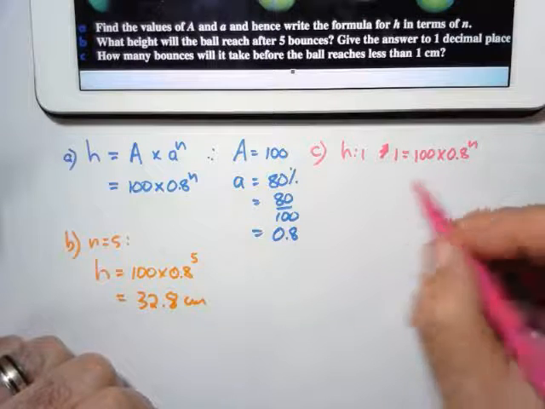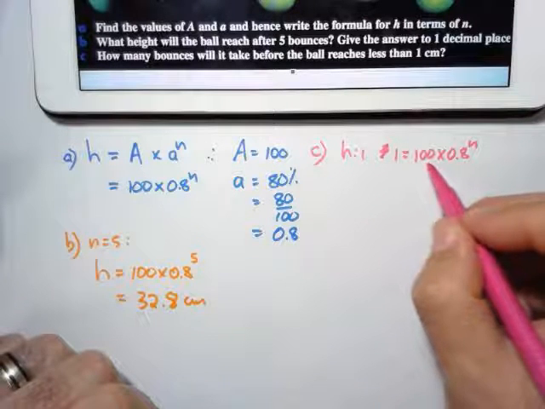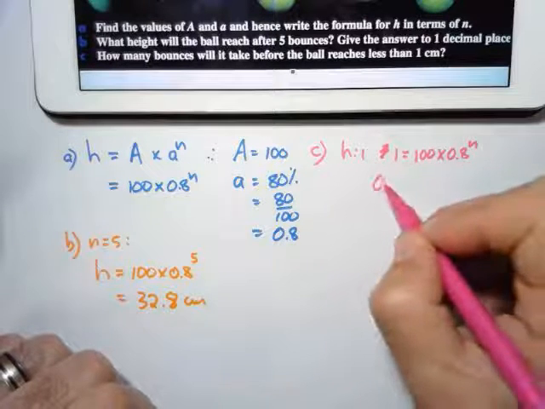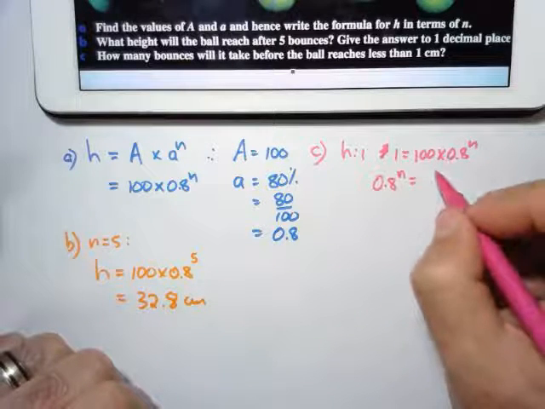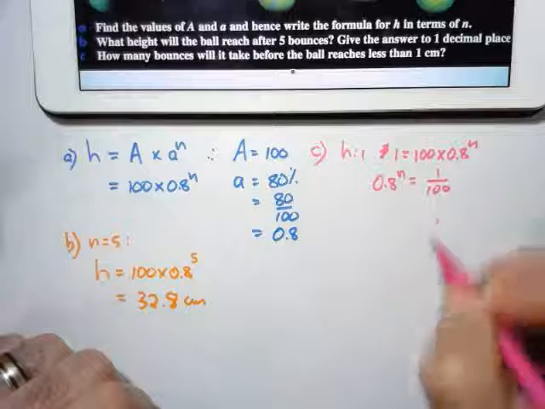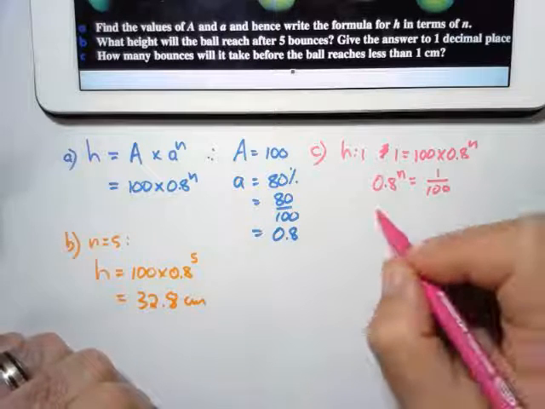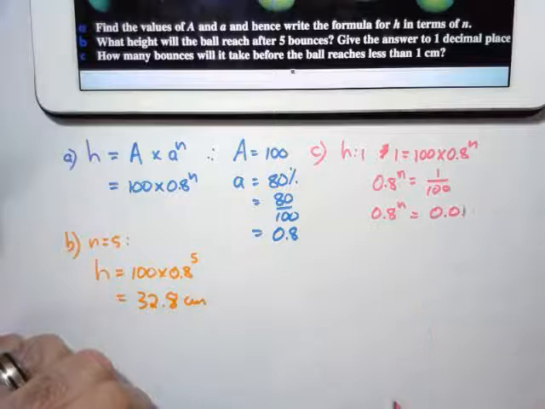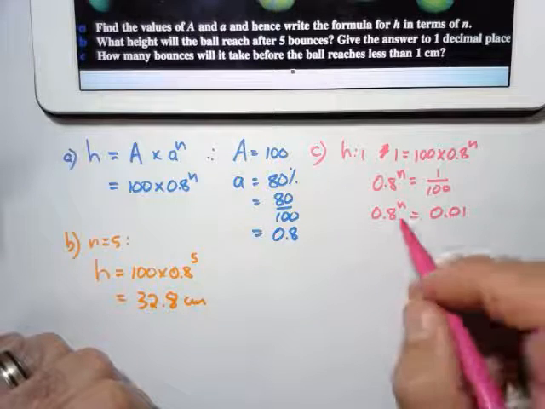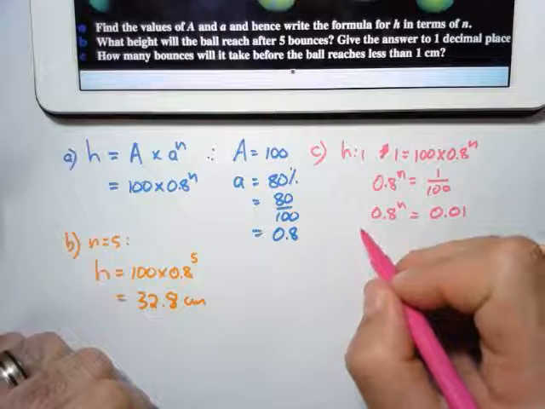I'm going to swap these two sides. I'm going to divide by 100 on both sides. So I'm going to say 0.8 to the power n equals 1 over 100. This is the same as 0.8 to the power n equals 0.01. Now, I'm going to take log both sides.